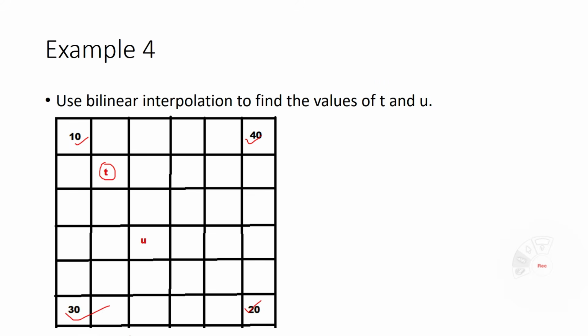We will use these values to find the values for t using bilinear interpolations. Bilinear means the t actually remains in this position. So first we need the values for this one, and then we will use 30 and 20 to find the values of this one, and after that we will use these newly calculated values to find the values for t.